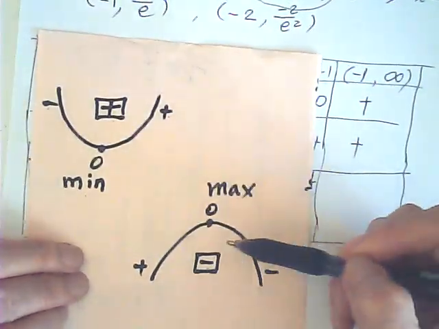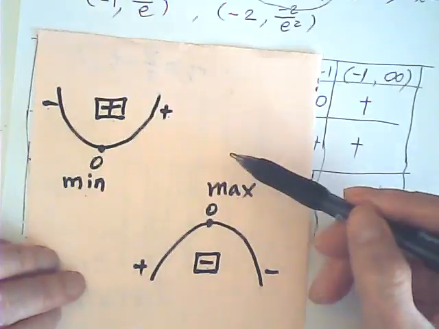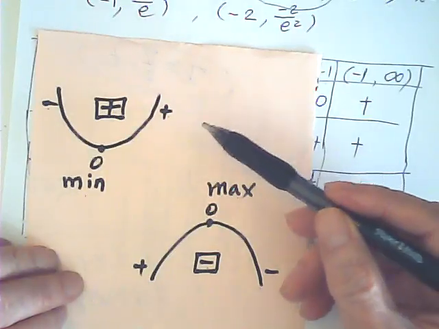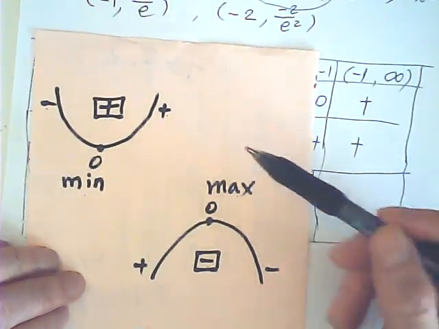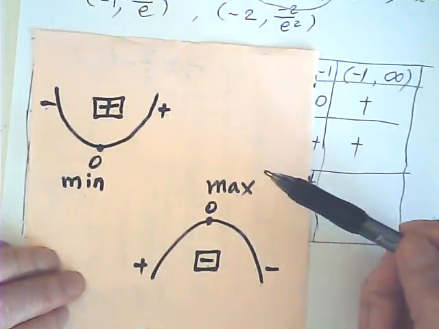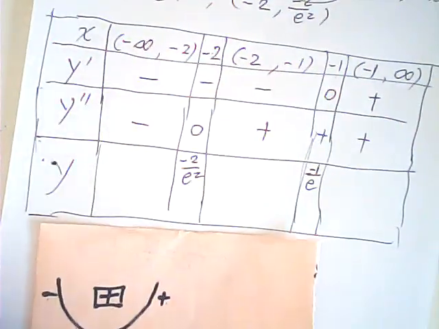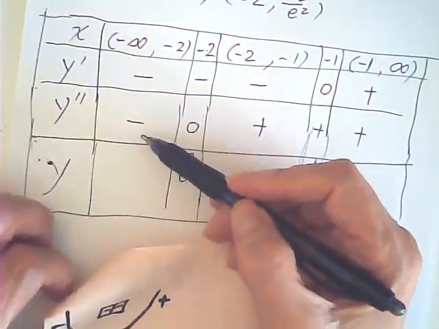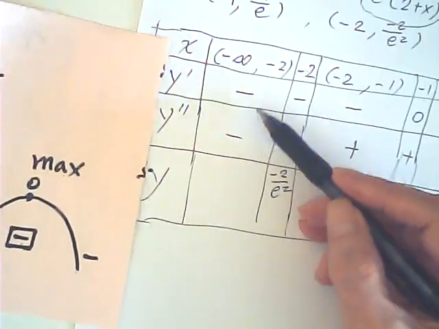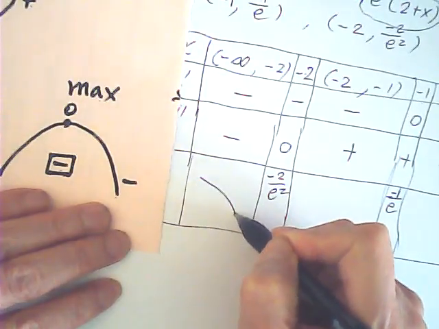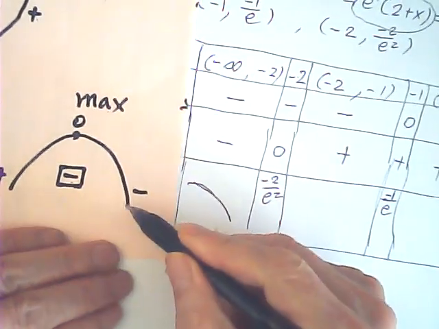So it's very good, summarizing the shape of the curve determined by the signs of the derivatives. Second derivative is negative, first derivative is negative, so that's the shape.